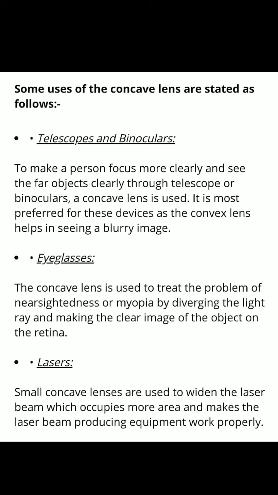Myopia means the person can see a nearer object clearly, but cannot see a far away object clearly. To see a clear image of the object and to form the image on the retina, we use the concave lens to prevent this problem of myopia.